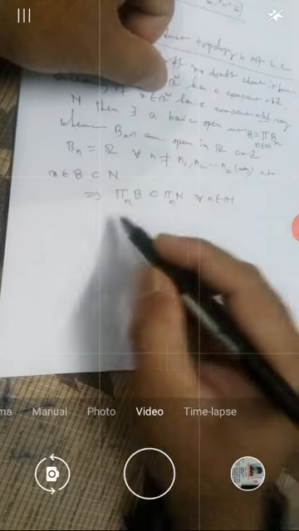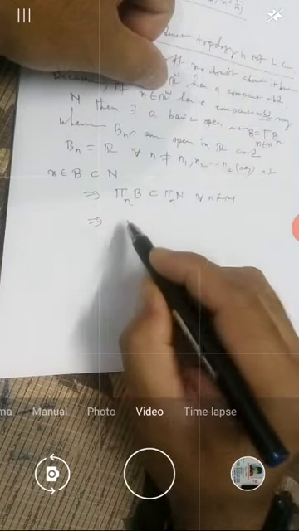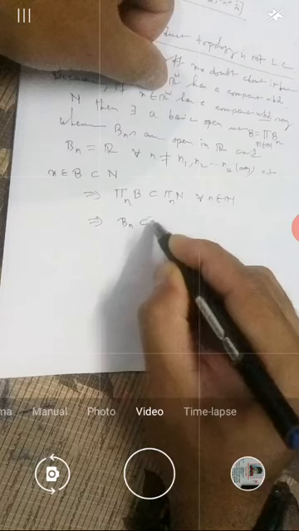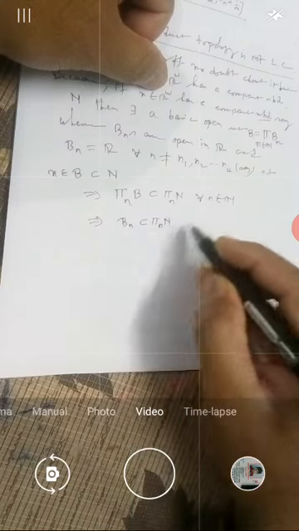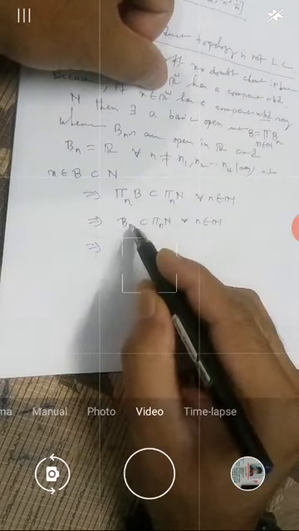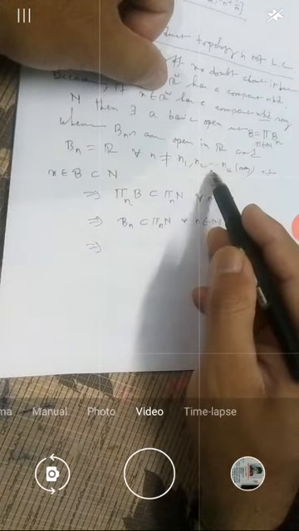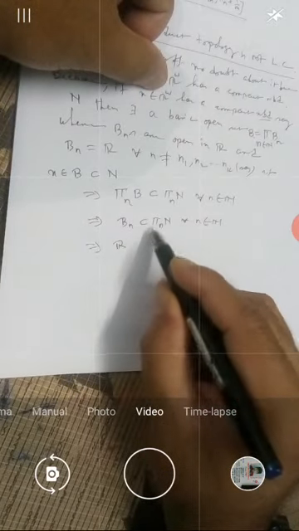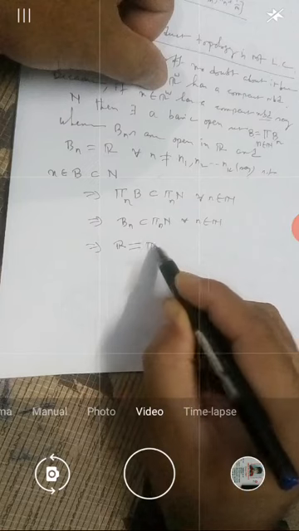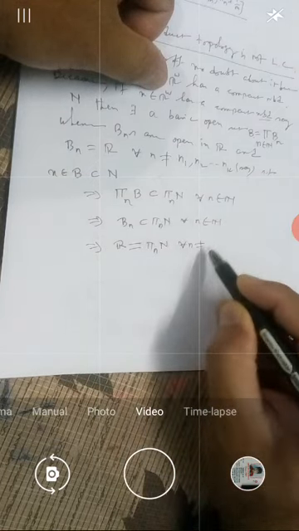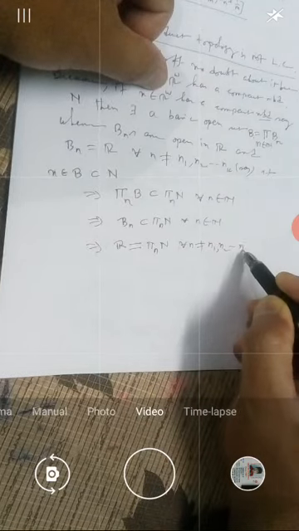So pi n of B means Bn, isn't it? So Bn is a subset of pi n of N for all n. Now if n is not equal to these indices, then Bn will be R. So R cannot be a subset of this, so R equals pi n of N for all n not equal to n1, n2, ..., nk.